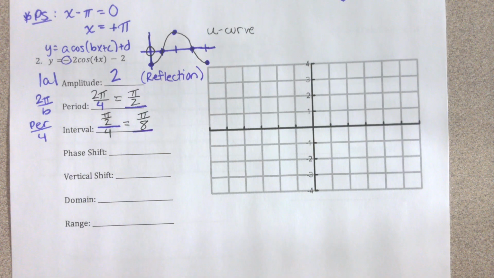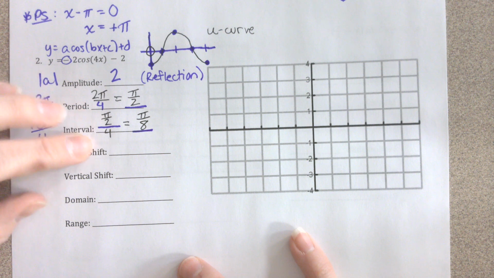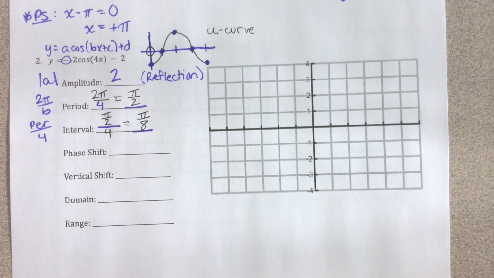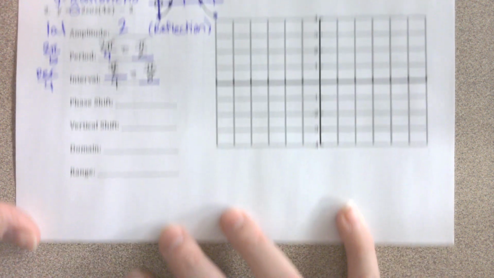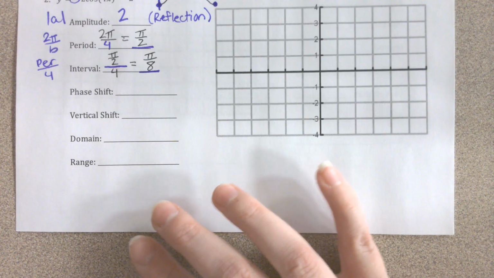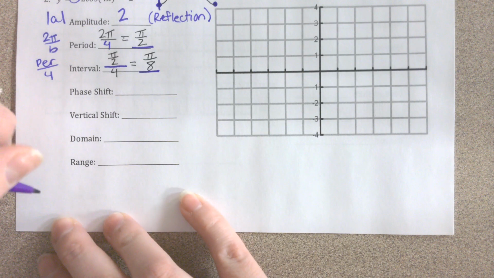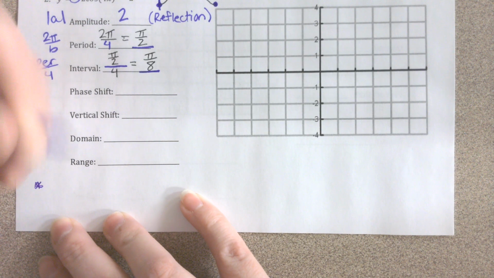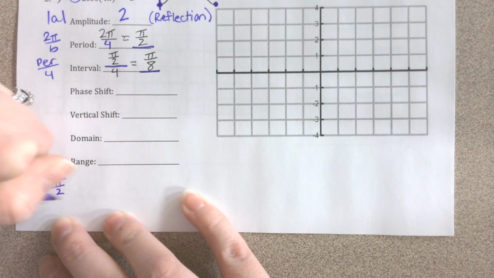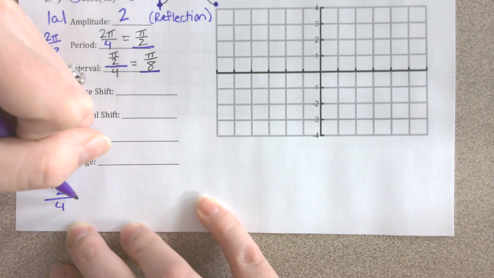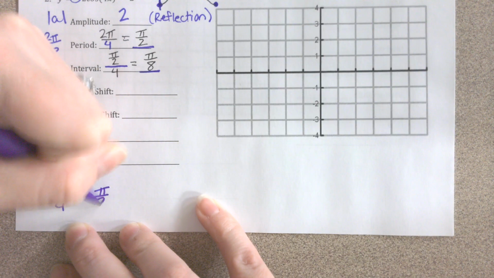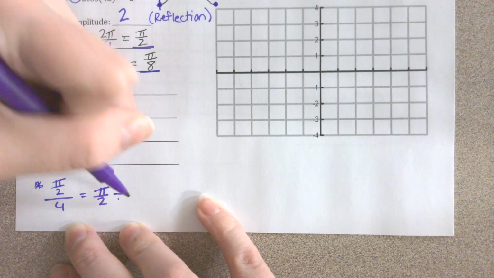If that explanation doesn't work for you, I'm going to work out the full problem here just to show you that it does, in fact, give you pi over 8. I'm going to do that down here. Pi over 2 divided by 4. Let's just write this out for what it is.